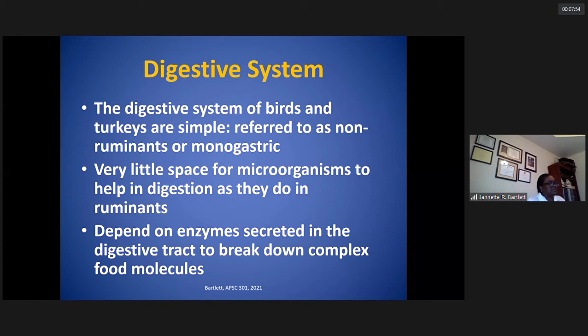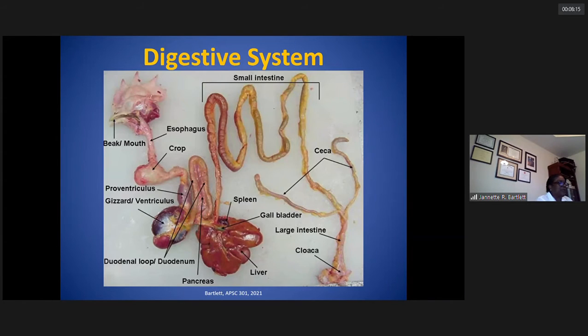But it's not very significant in the whole process. Is that clear, about the difference in the digestive process of ruminants and non-ruminants? Since I'm not getting any response, I'm going to assume that it is clear.